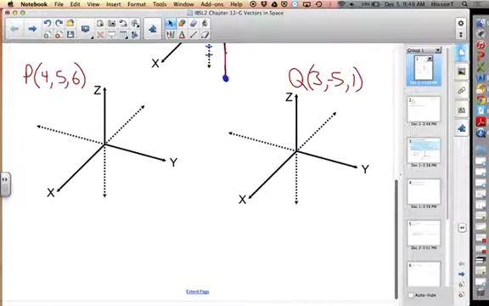I think it's easier if you look at just the x and y coordinates and plot that, and then go either vertically or directly down from that. Here's the thing. This is your positive x. This is your positive y. So you should have gone this way 4, and then this way 5.